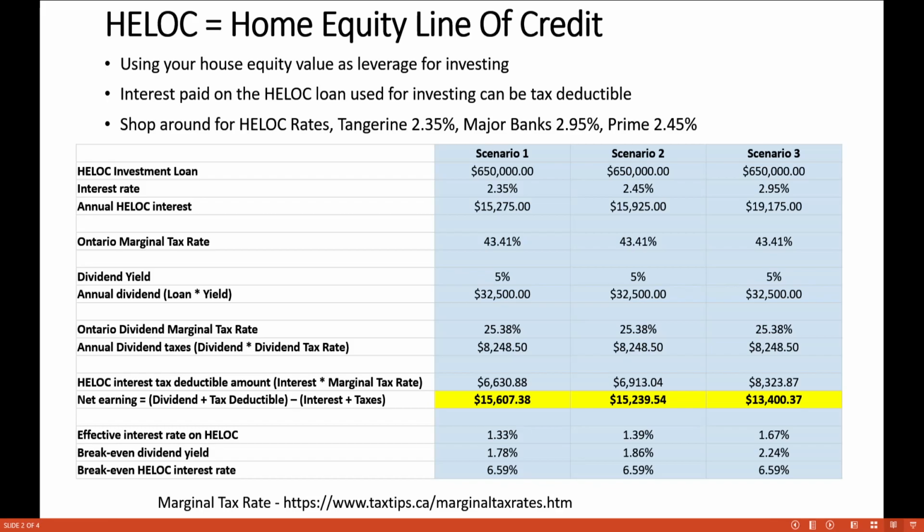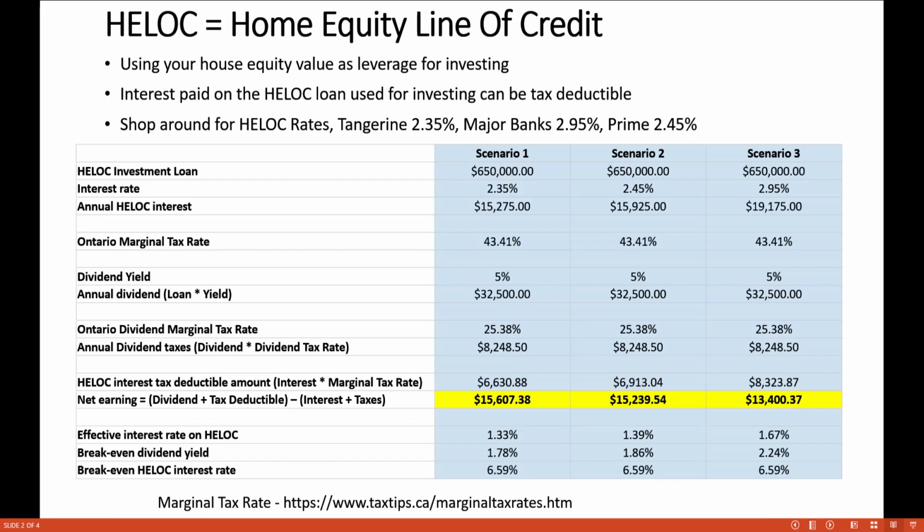So shopping around for HELOC rates, as of today, May 9, 2021, we have Tangerine at 2.35%. The prime rate is at 2.45%, and the majority of the banks can offer 2.95%.